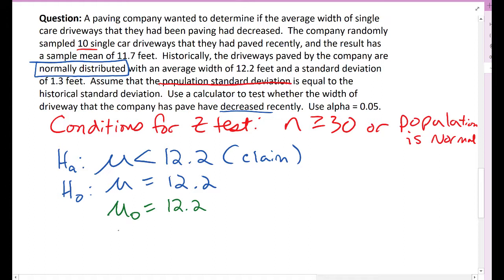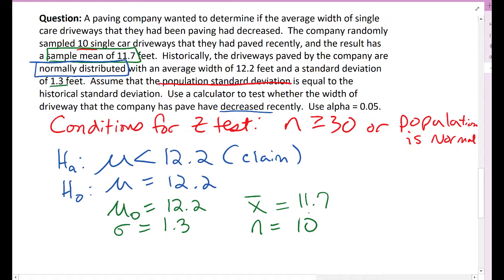We need our population standard deviation, which they told us to grab the historical one: a standard deviation of 1.3 feet. We need an x bar, that is our sample mean. It's not the 12.2. The sample mean was 11.7. So x bar is 11.7, and we need a sample size n, which is 10.